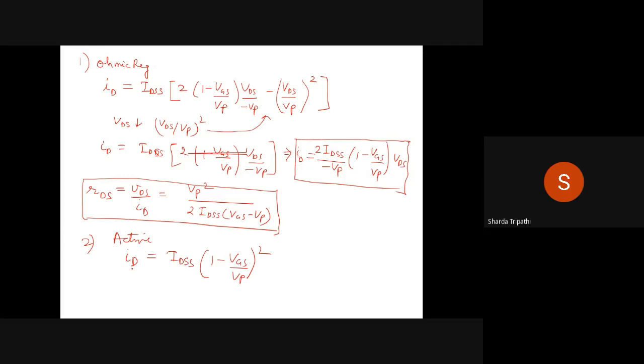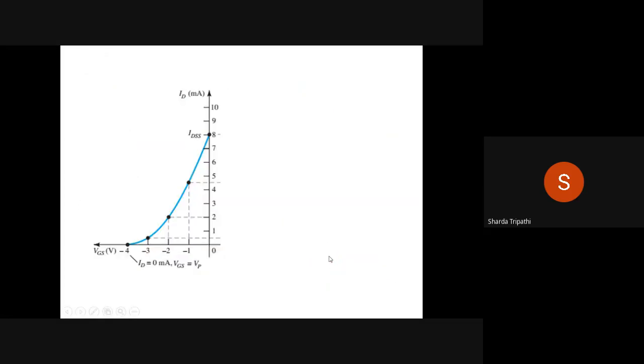So from here, if you actually want to see a plot between ID versus VGS. So remember, ID was what? This was output current, and VGS is what? This is input voltage. So from here, if I plot a graph between ID and VGS, it is going to look like this. And this is known as the transfer characteristic of the FET.